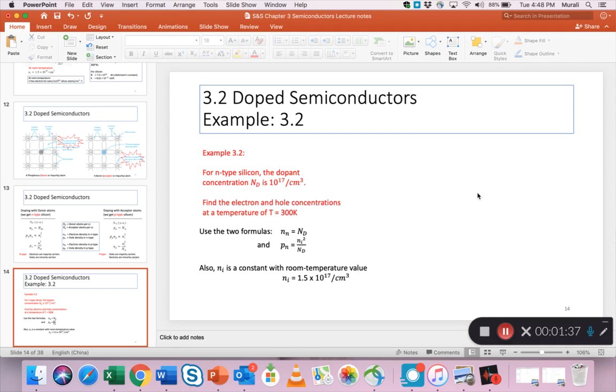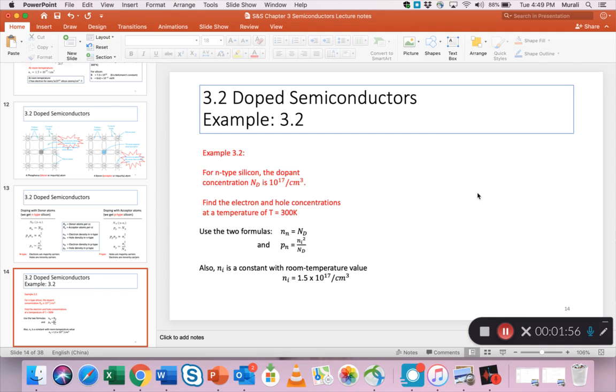Since you may not have it for this chapter, I actually hand wrote the examples also. So we may have to go to my PDF file to look up the examples and how they are solved.